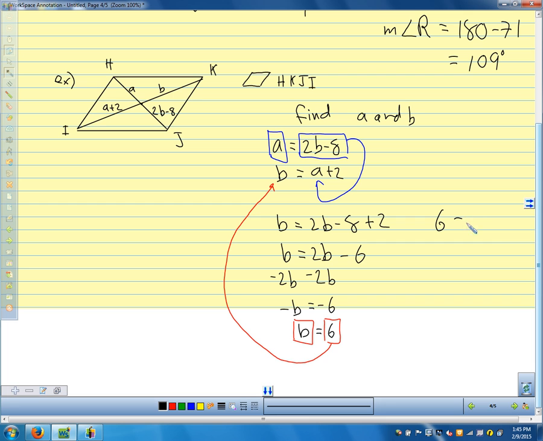So 6 equals A plus 2, so minus 2, and A equals 4. A equals 4, B equals 6. Now we can check to make sure we did it right. If B is 6, A plus 2 is 6, and they equal each other. So we're good. All right, questions there?